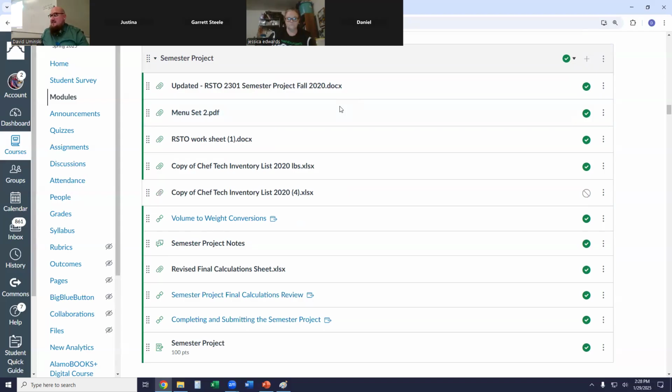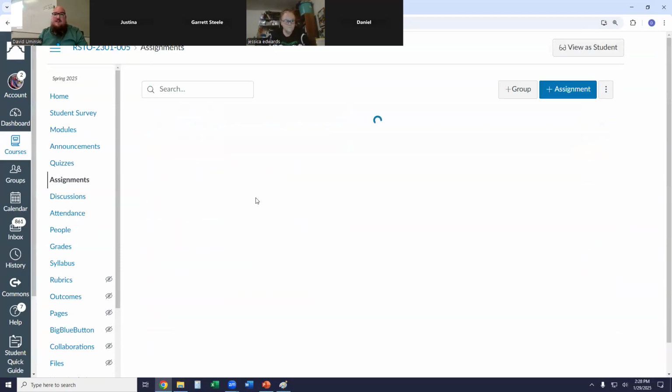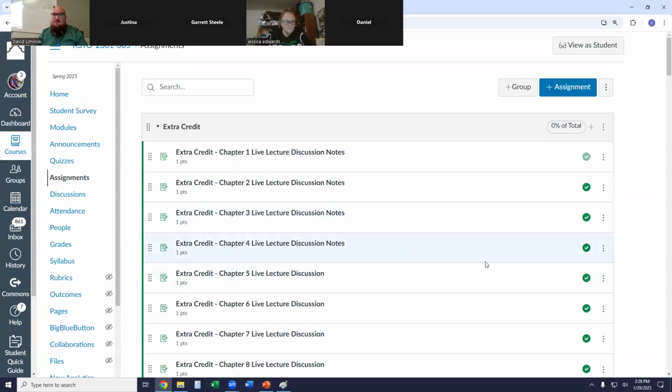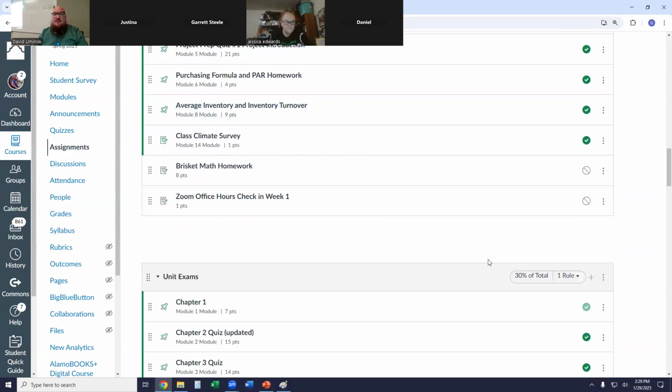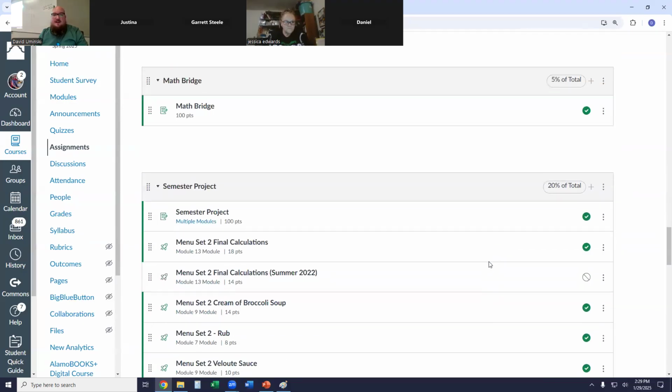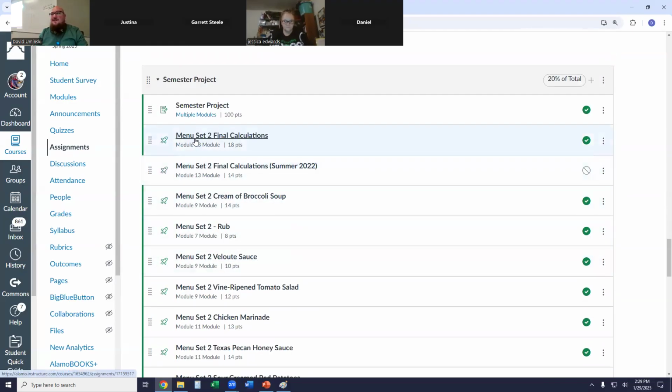If you are in the assignments tab of Canvas, in the project module for the assignments, you have menu set 2. Anything that says menu set 2 on it is part of your project. For your project, you're going to cost out 10 different recipes as part of a menu set.